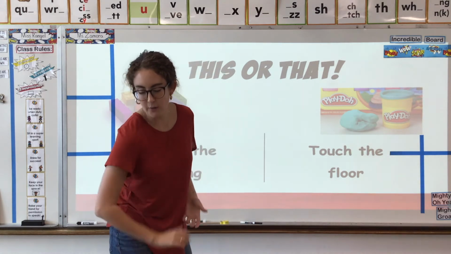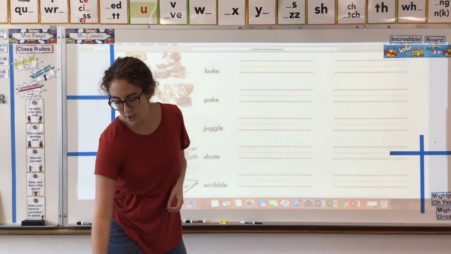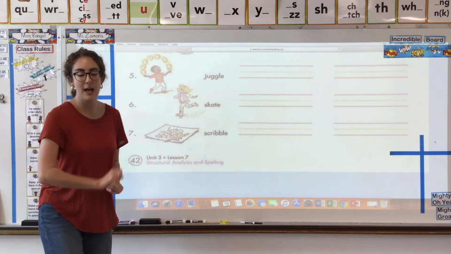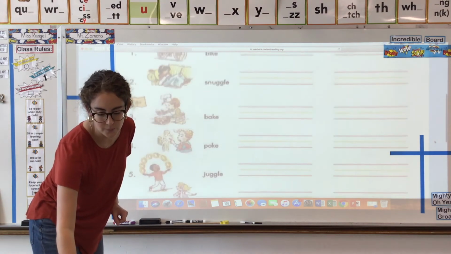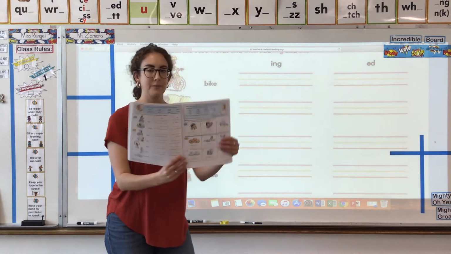And you know that we are going to pull out our Super Kids workbook. You are going to be working with page 42 today. Page 42. It looks a lot like our page yesterday.